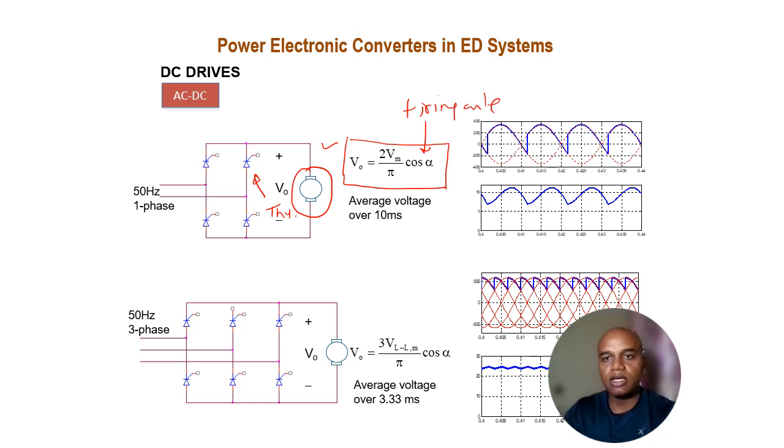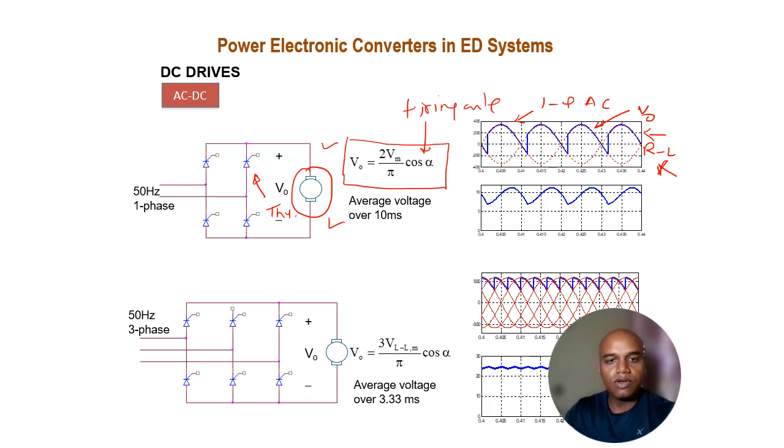This is the waveform shown here. The red line shows the input single phase AC waveform, and the blue line shows the output voltage V0, for an RL load. My motor is represented by the RL load here.